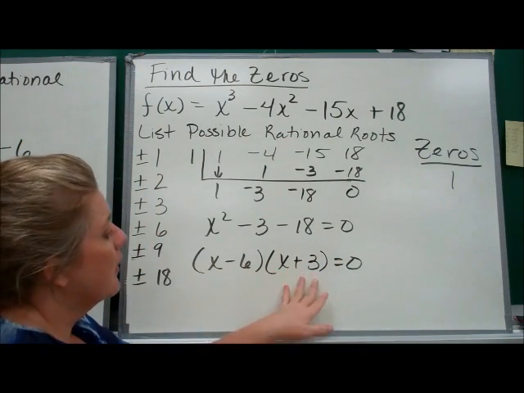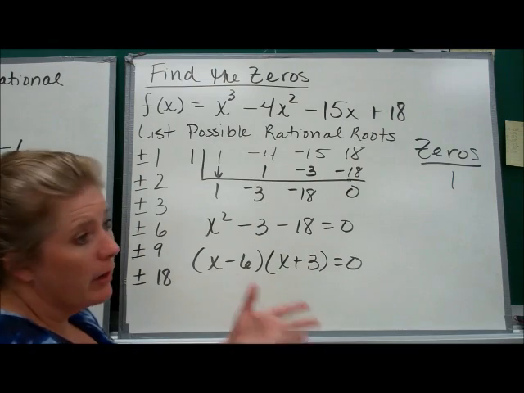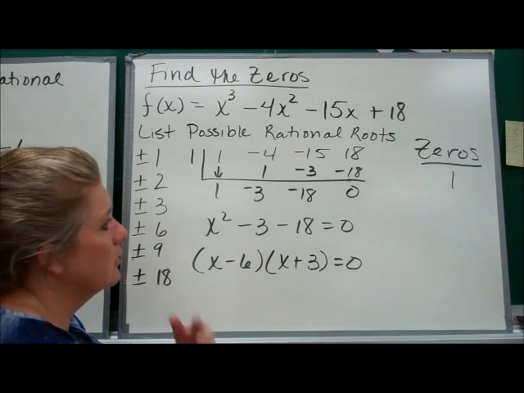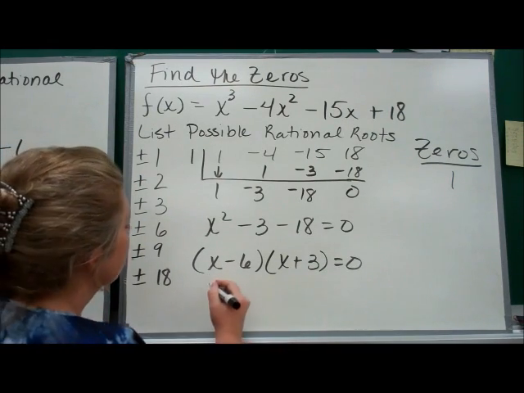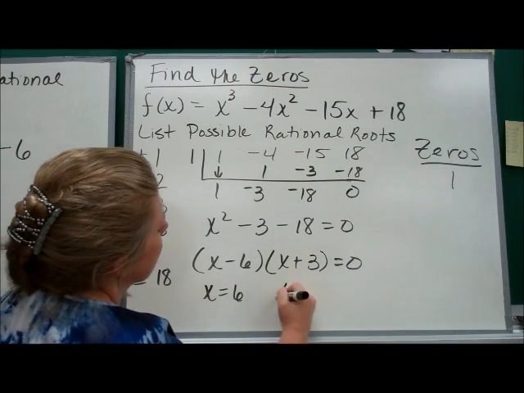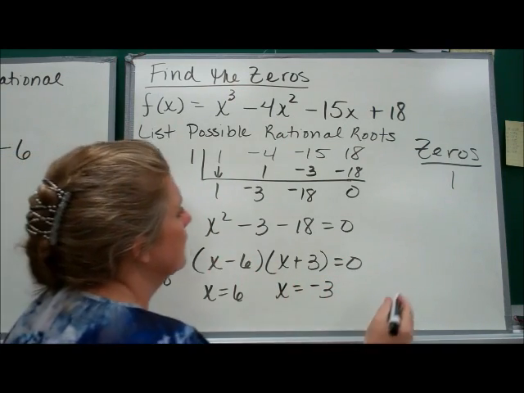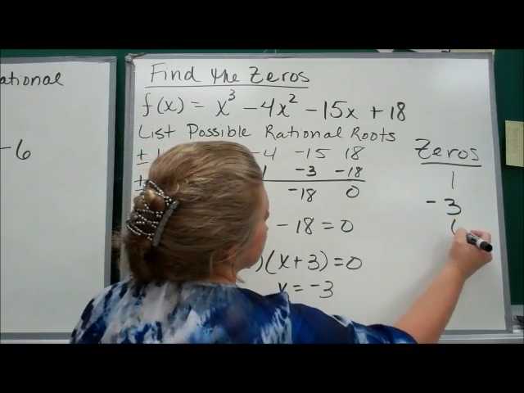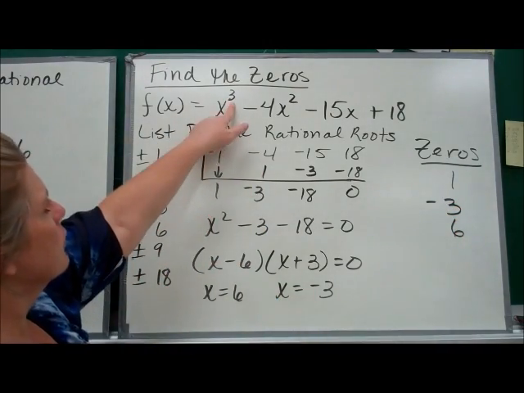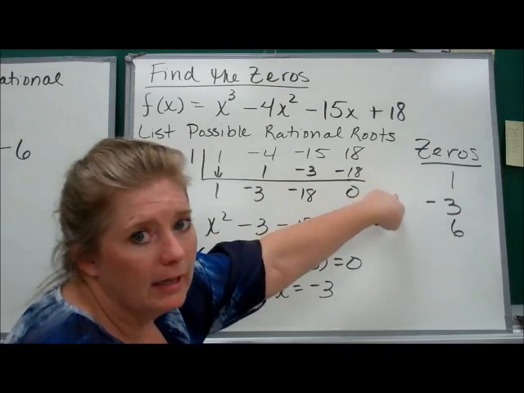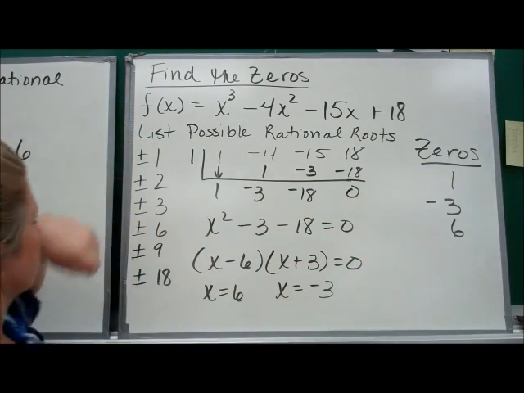Set each one of these factors equal to 0. It's part of solving. Finding the 0 is the same thing as solving. So x equals 6 and x equals negative 3. So these two are my other two zeros. I've got negative 3 and 6. Okay, third degree polynomial. Oh, it had 3 zeros.